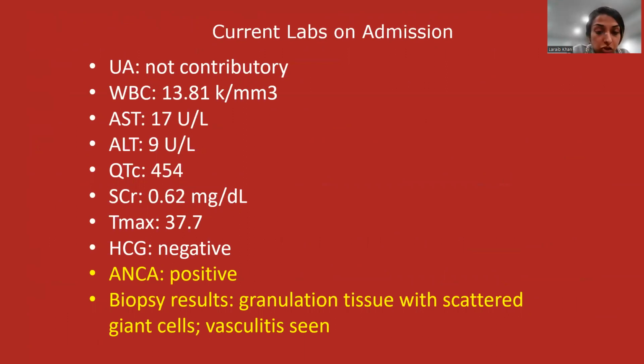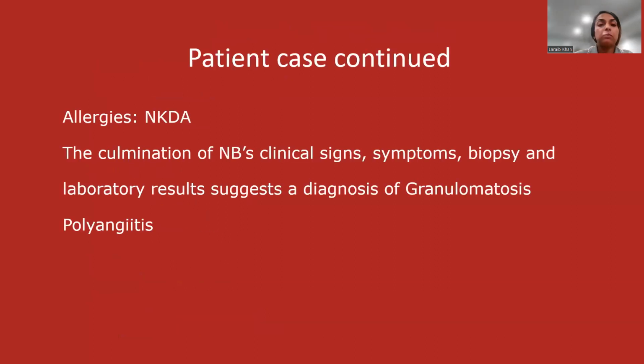The biopsy results show granulation tissue with scattered giant cells, and vasculitis is seen. The patient does not have any allergies. The diagnosis is the culmination of NB's clinical signs and symptoms, biopsy, and lab results, which suggest a diagnosis of GPA.